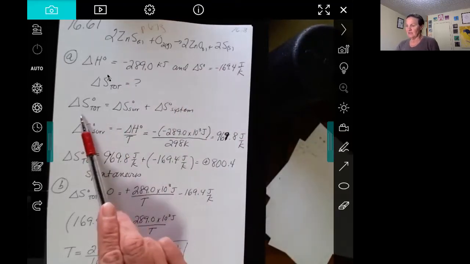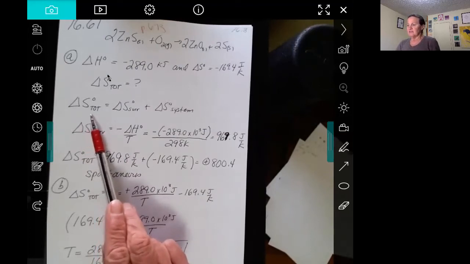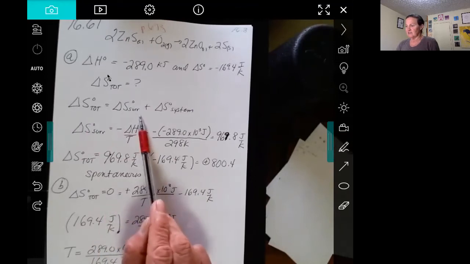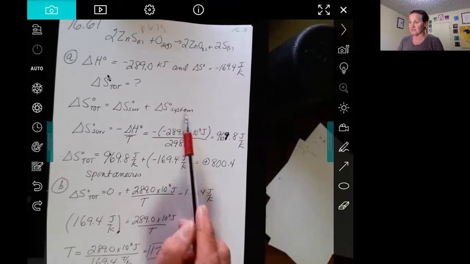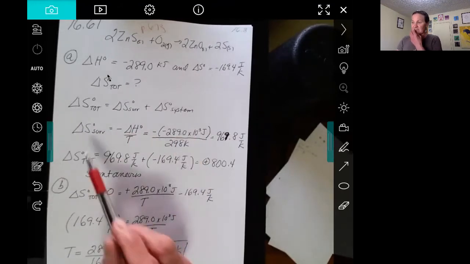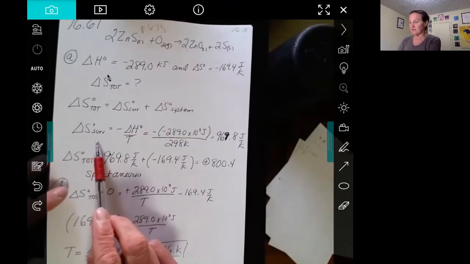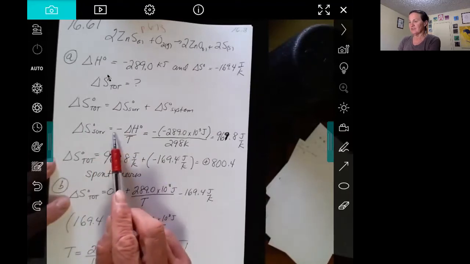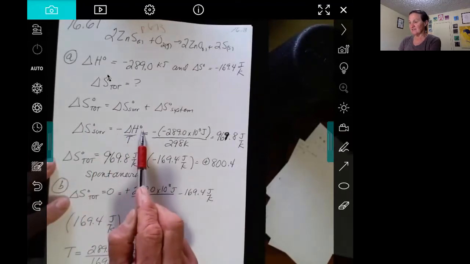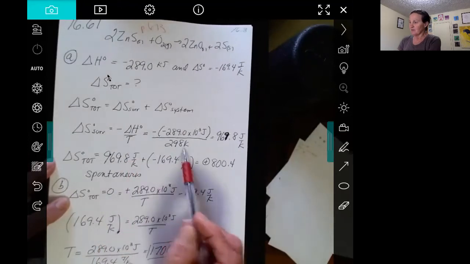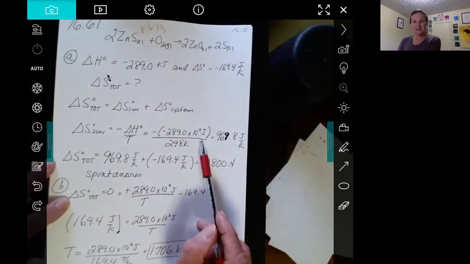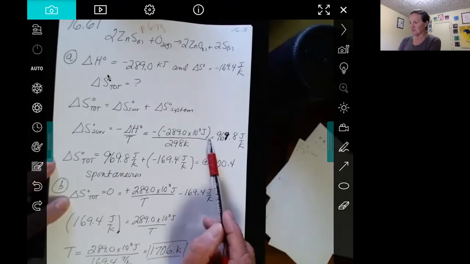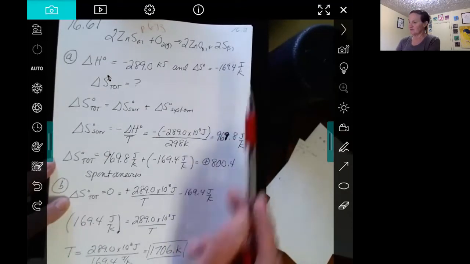So we want to know it at standard state conditions. So delta S total at standard state conditions will be delta S of the surroundings plus delta S of the system. Delta S of the surroundings, we learned earlier in this chapter, is equal to negative delta H of the system divided by T. So if I look up here, here's my delta H. I multiplied it by 10 to the third, so it'd be in joules, because I noticed this is in joules.